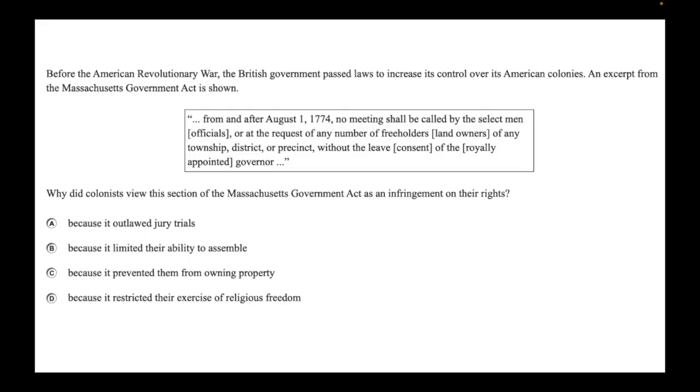So this is from the Massachusetts Government Act. "From and after August 1st, 1774, no meeting shall be called by the selectmen, officials, or at the request of any number of freeholders, landowners, of any township, district, or precinct without the leave, consent of the royally appointed governor."